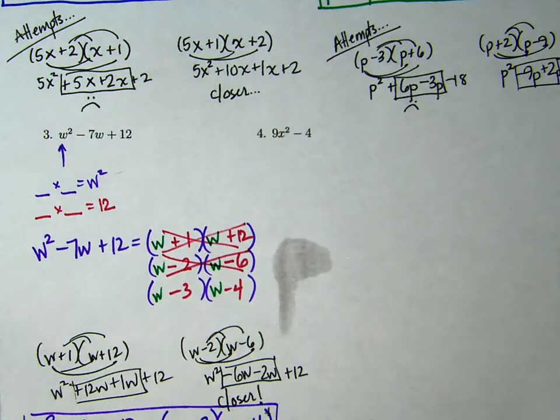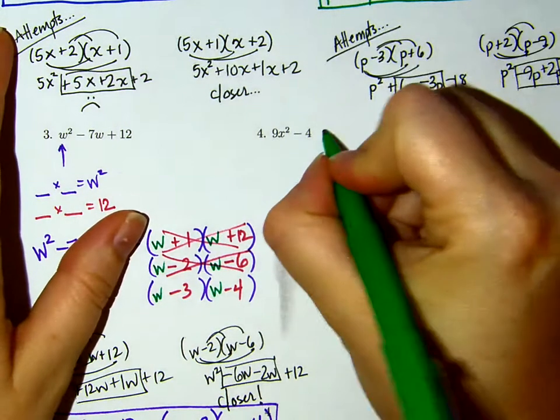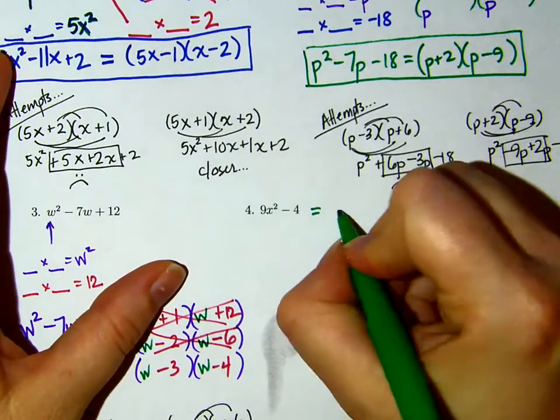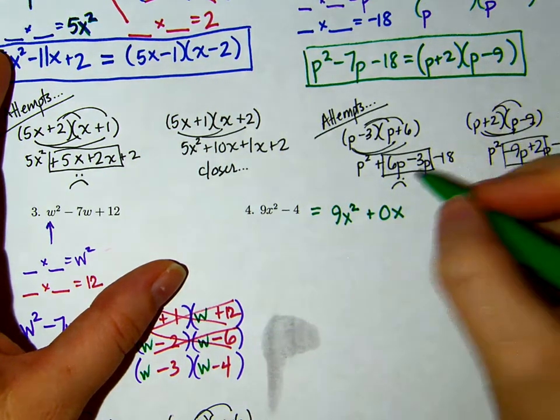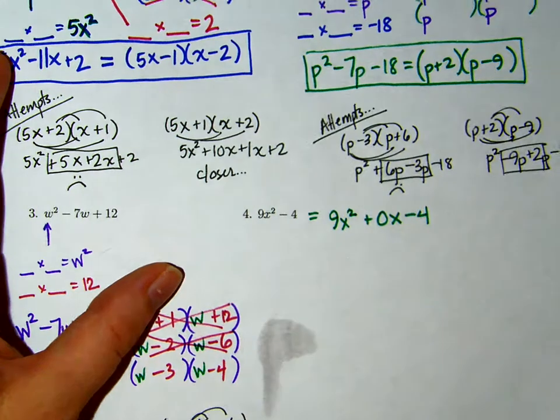Now with this one, I'm looking at this and I'm thinking, well, this is really saying there are 9x squareds, there are 0 x's, and then we subtract 4.